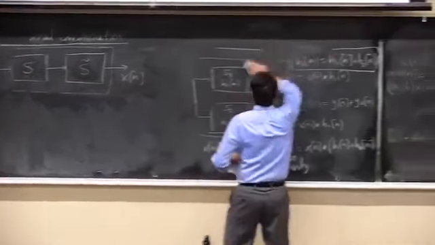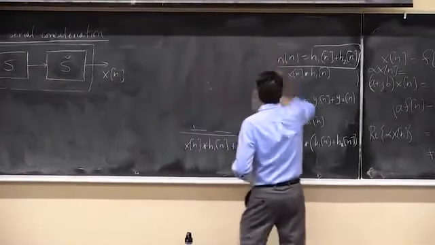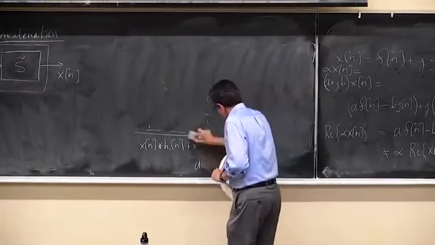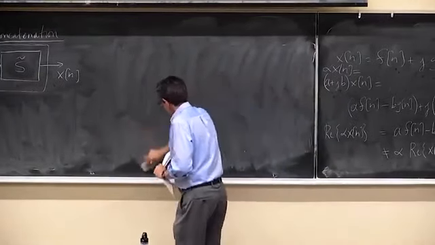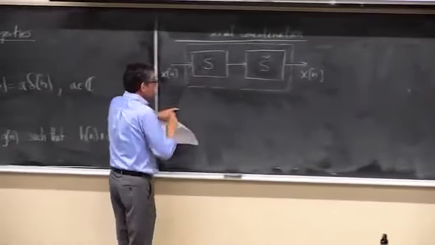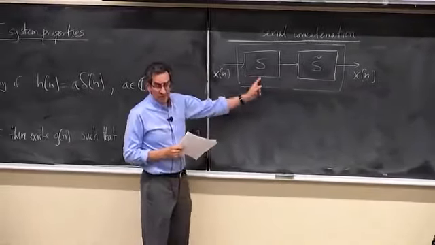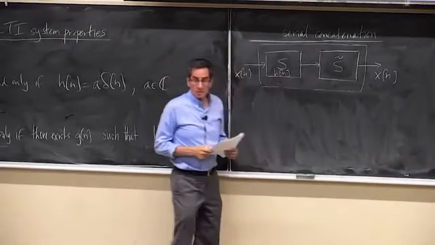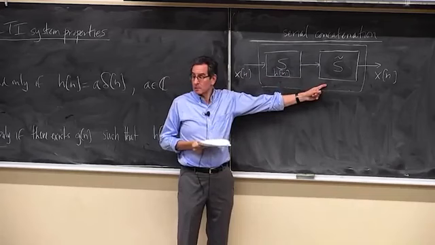Now the first thing you have to convince yourselves of, and it's not really too hard, I can discuss it briefly on Tuesday, or maybe ask the TAs to mention it in the discussion, is that if S is LTI with impulse response h of n, then its inverse must also be LTI.